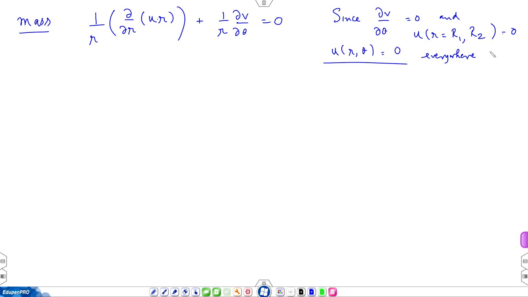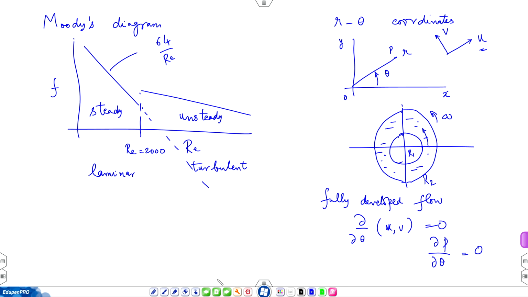Just to repeat here, this is the direction of v, and this is the direction of u. This transverse velocity is 0.